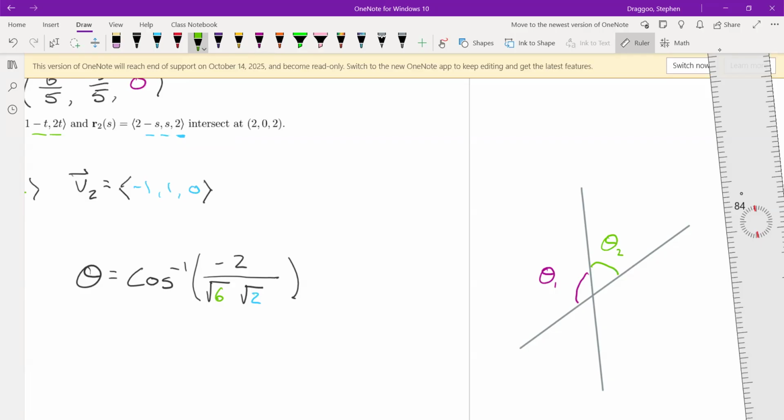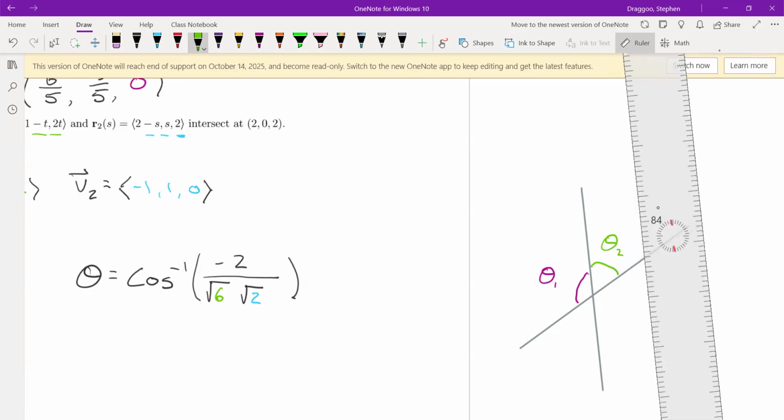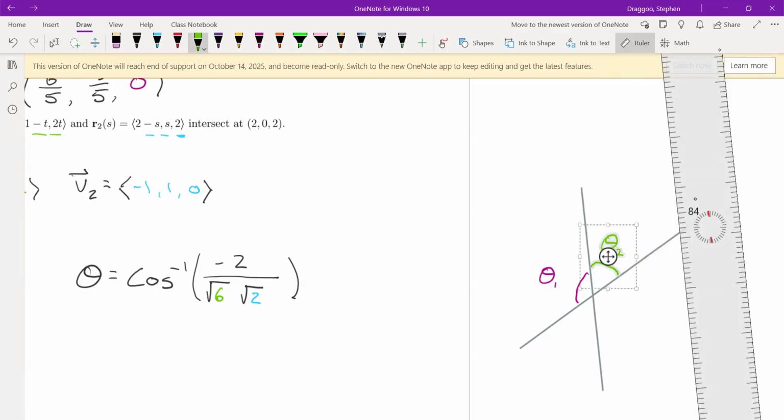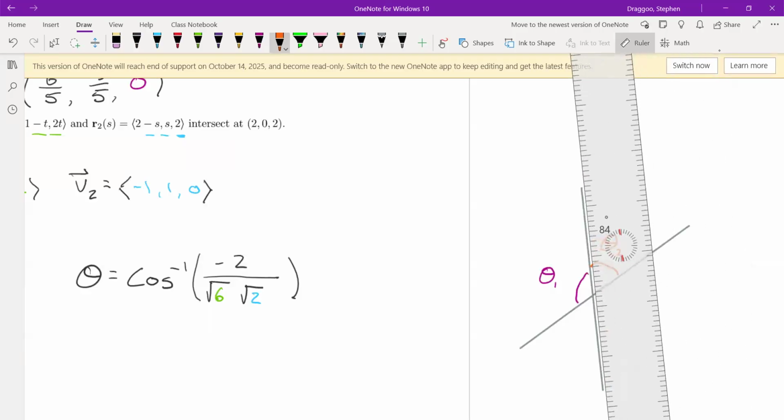Anytime two lines intersect, they'll have two angles, but if I were to just look at their vectors, I guess that means I need theta 2 to be a different color. What have I not used? Orange, cool.